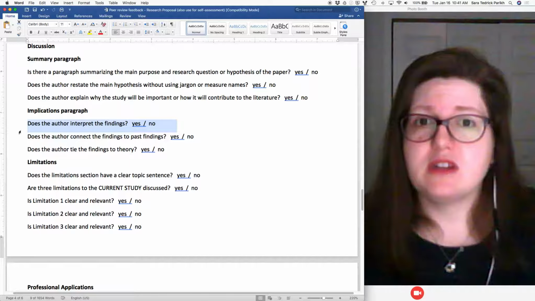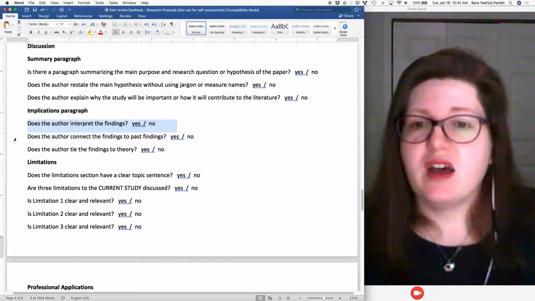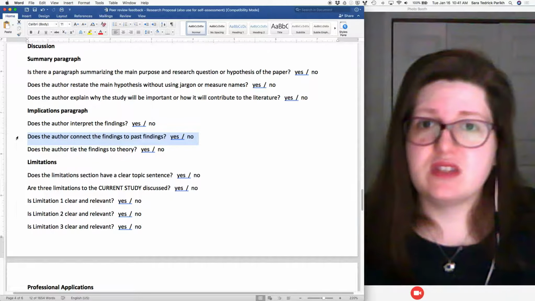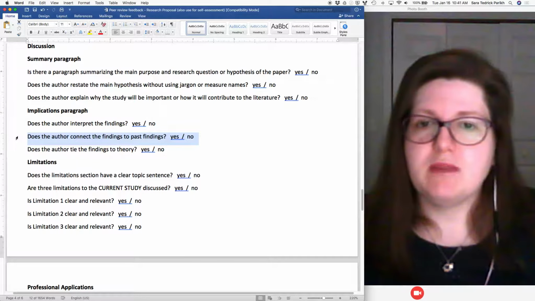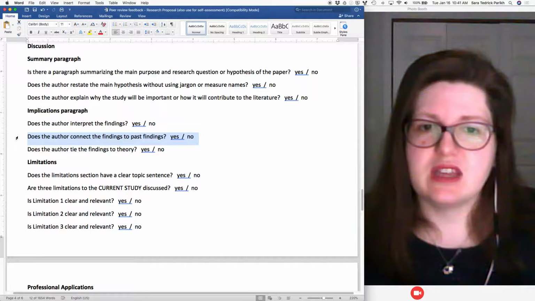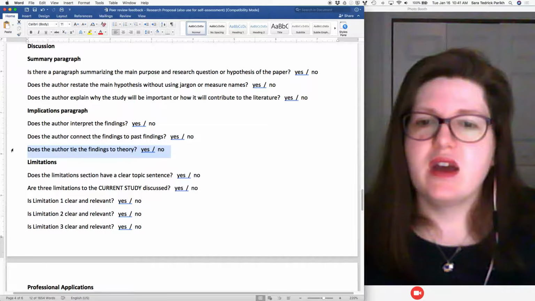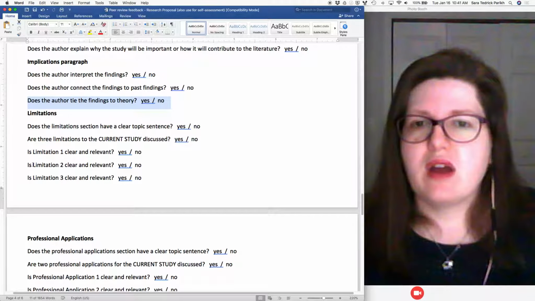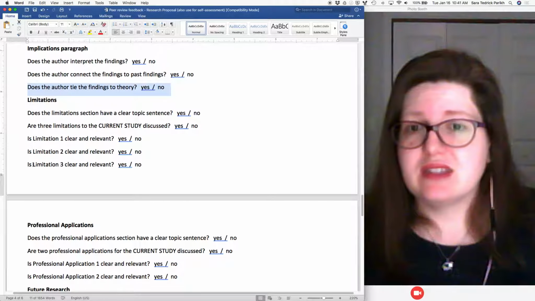So do you interpret it? Do you say what it means, what it would mean? Do you connect it to past findings? So say this would be consistent. And notice I'm using prospective language. So would it be consistent or would it contrast with things if your hypothesis is supported? And do you tie it to theory? Do you say, what might explain this?